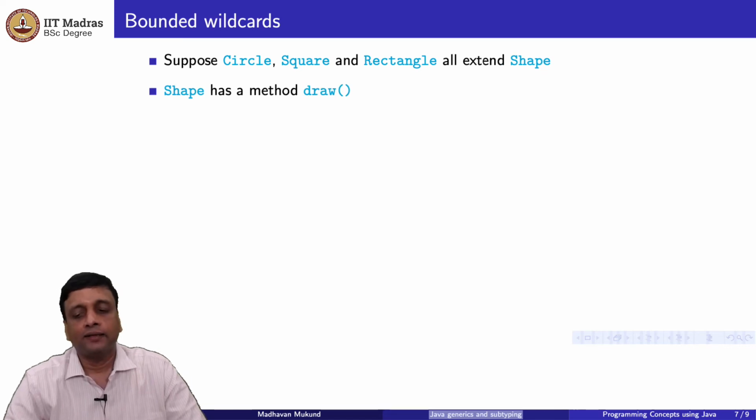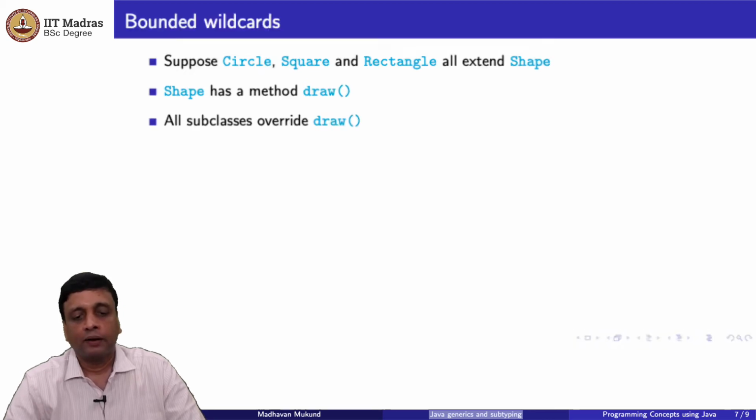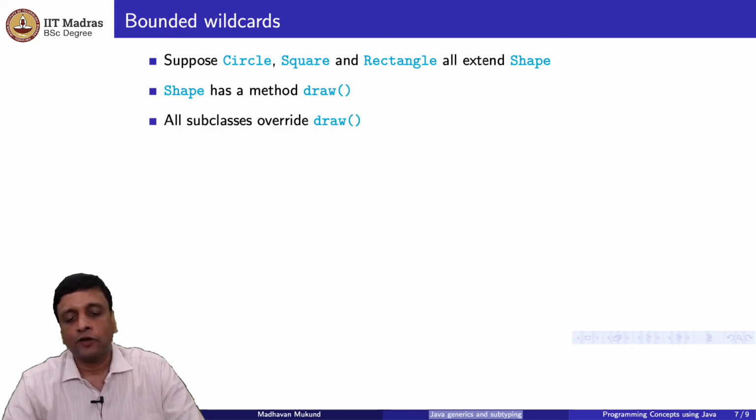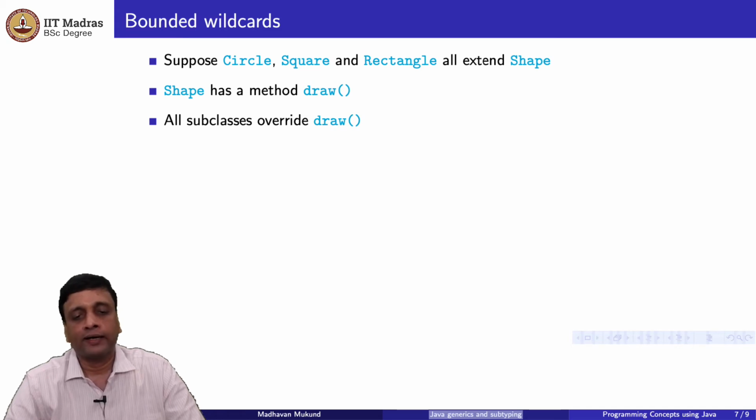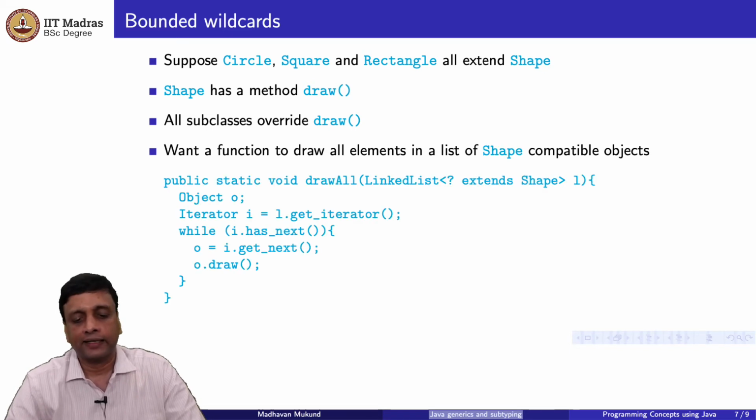Let's imagine that the super type Shape has a method defined to draw a shape. And it so happens that each of these subtypes, Circle, Square and Rectangle, override draw. So if you ask a circle to draw itself, it will use a more specialized method, similarly with a square and a rectangle.